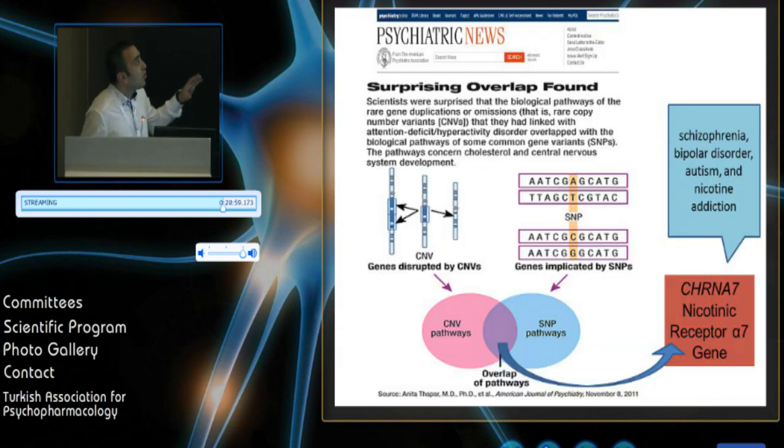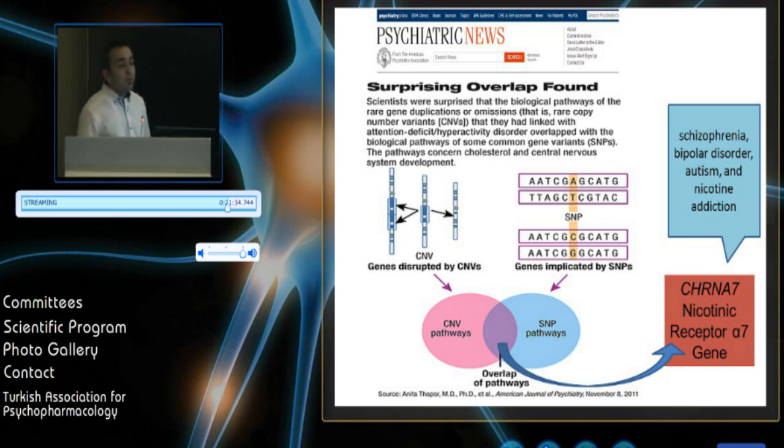And here you see the other trials carried out until now. In 2011, Topor and his colleagues carried out another trial. Copy number variants and single nucleotide polymorphisms are not overlapping on a single gene, according to those trials, but the CHRNA7 gene or cholesterol or central nervous system development pathways and protein synthesizing genes are overlapping.